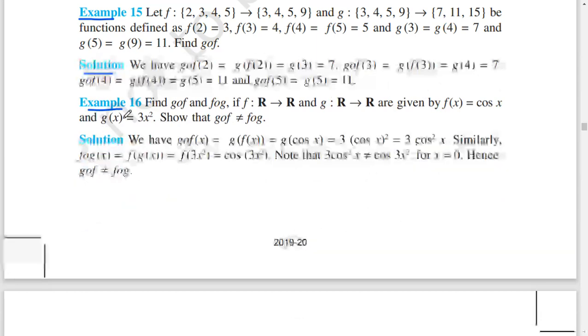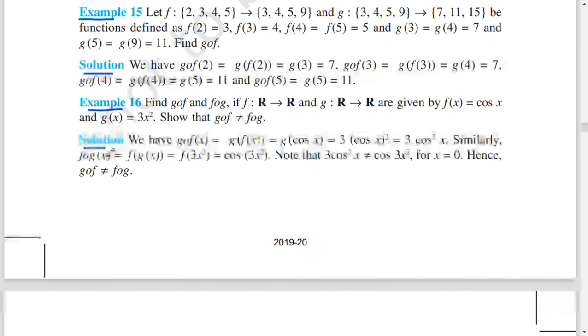Example 16: Find gof and fog. If f: R → R and g: R → R are given by f(x) = cos x and g(x) = 3x², show that gof is not equal to fog. Solution.